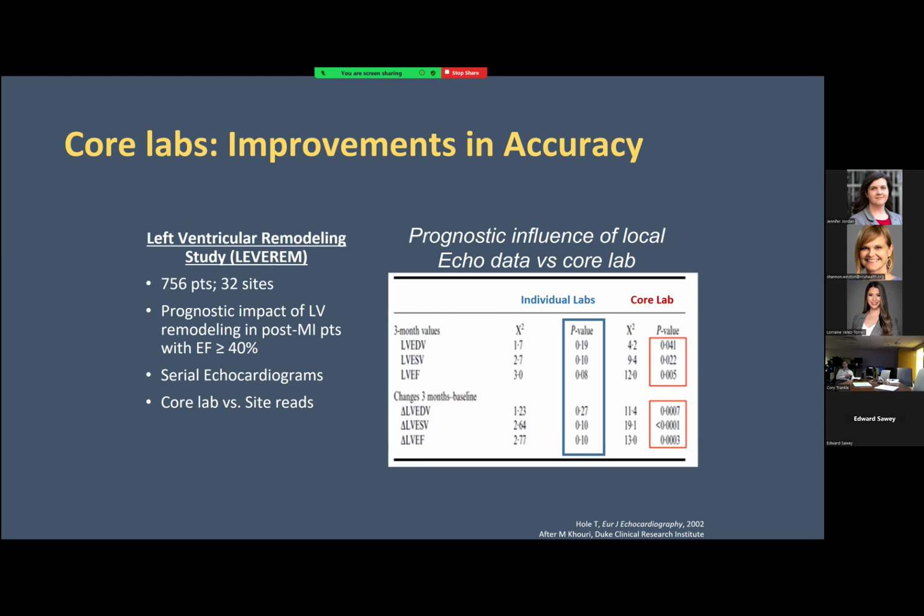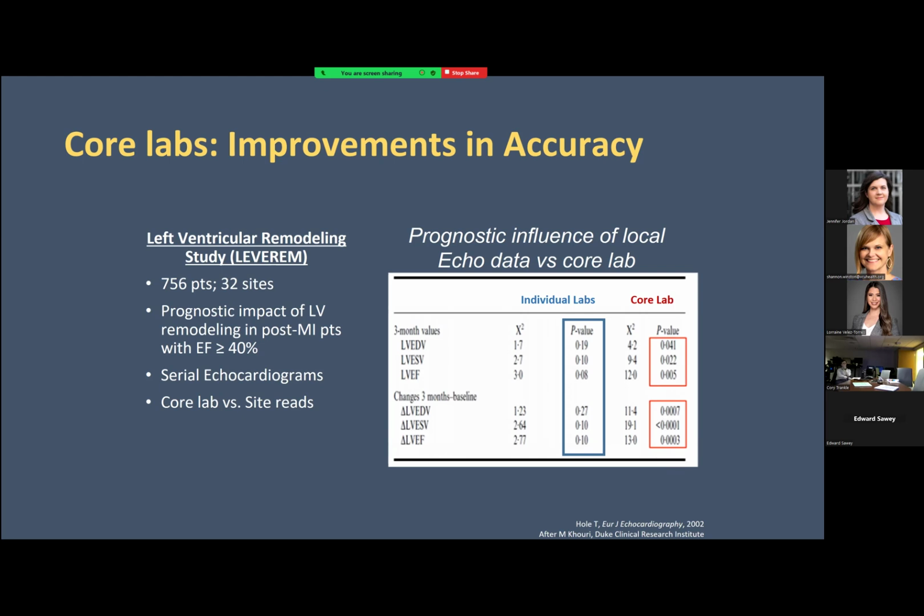And you can see the individual lab p-values are here in blue for the different measurements of the study. And then the core lab measurements are highlighted in red. And for all of the individual labs, whether they were looking at the 3-month value or the change from baseline to 3-month value, were not significant with a p-value less than 0.05 for individual site reads.